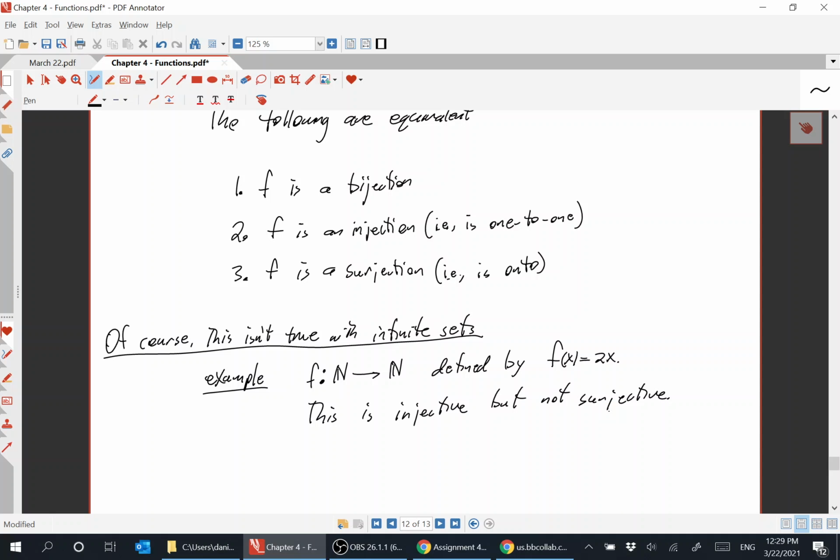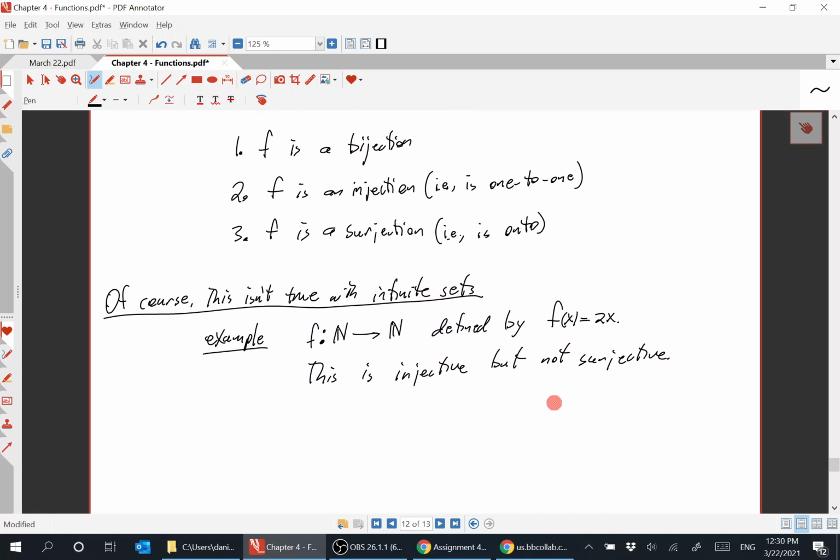Right? That function is one-to-one, assuming that f of x is equal to f of y. Here's the proof of that. Assuming f of x equals f of y, well, f of x is 2x, is equal to 2y, but then you can just cancel those, so you have x is equal to y, as required.